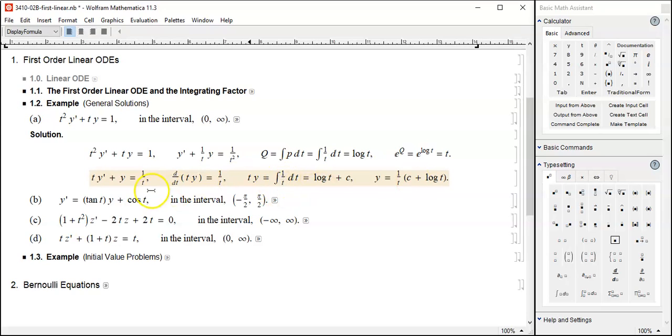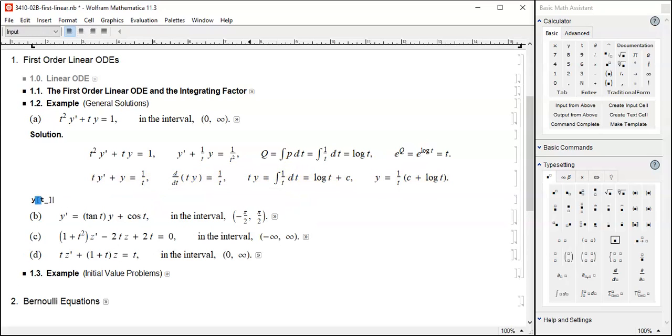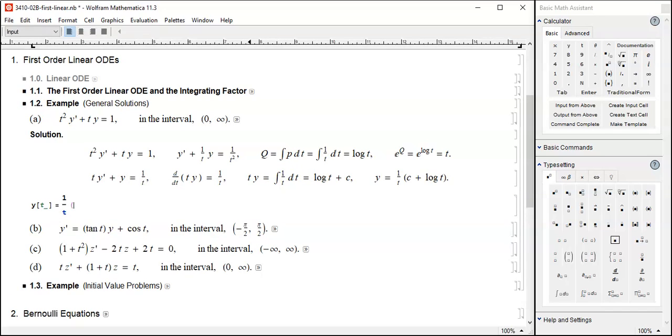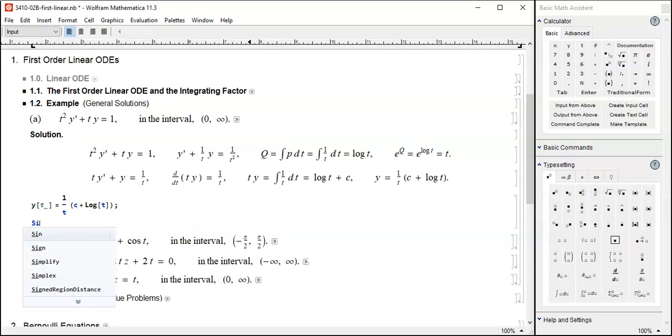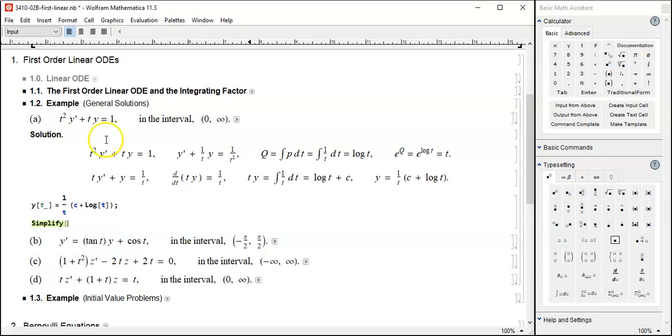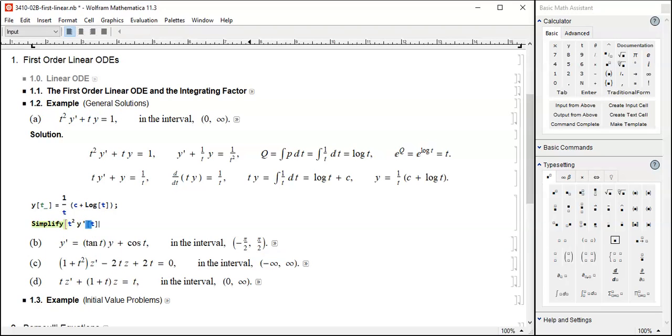Shall we check? Okay. y of t is 1 over t times c plus log of t. And then simplify this equation. t squared y prime of t plus t times y of t, and then minus 1.